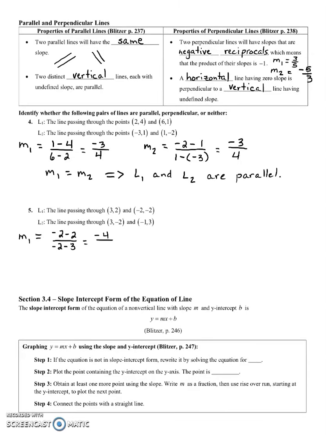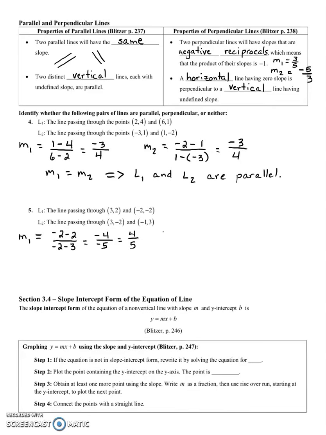And -2 minus 3 gives us a -5. Now remember, a negative divided by a negative is positive, so that one has a slope of 4/5.